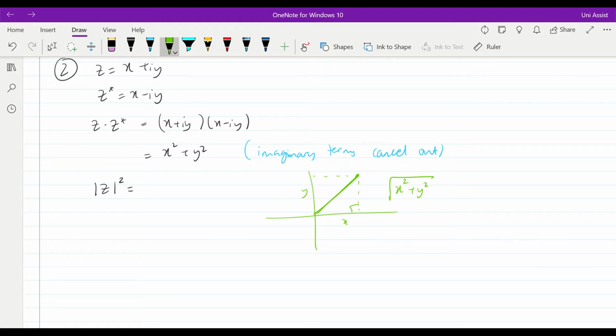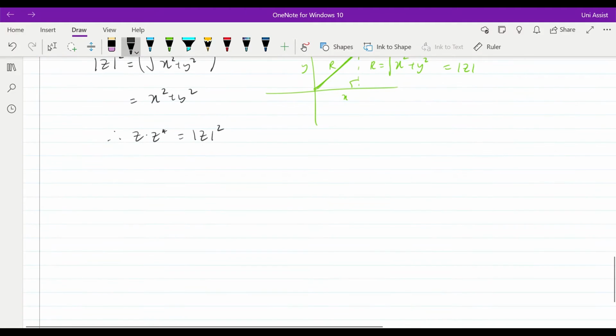If we label this r, then r equals that, which is equal to my modulus of z. So using Pythagoras, this is equal to the square root of x squared plus y squared, and then obviously we would square that, and we get x squared plus y squared. Therefore you can see that z times z conjugate is equal to modulus of z squared.